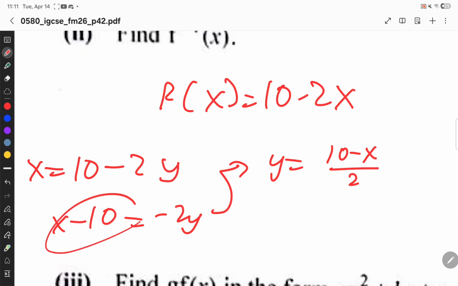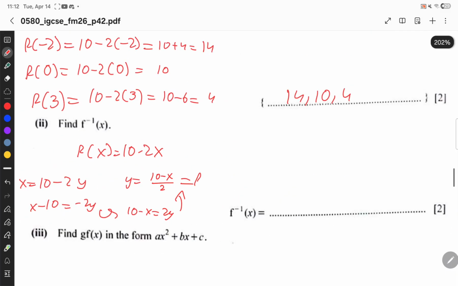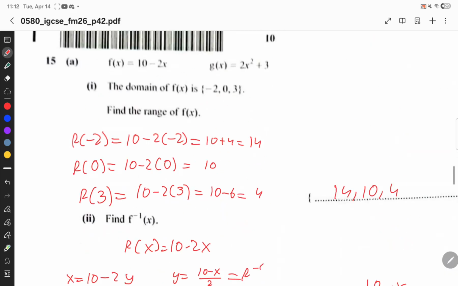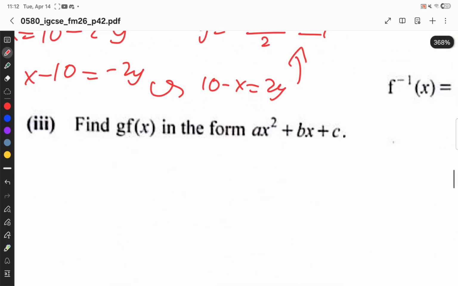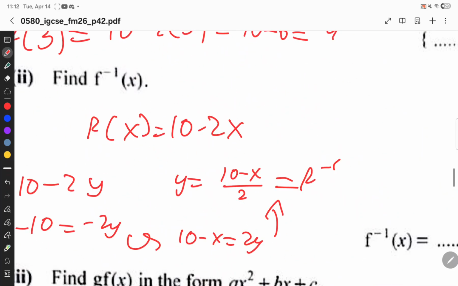Negative flips these, so this is 10 minus x is equal to 2y. If you are not sure, then that is the answer, f inverse. Find gf in the form ax squared plus bx plus c. So to find gf, we need to plug in f into 2x squared plus 3. So 2x squared plus 3, with 10 minus 2x.